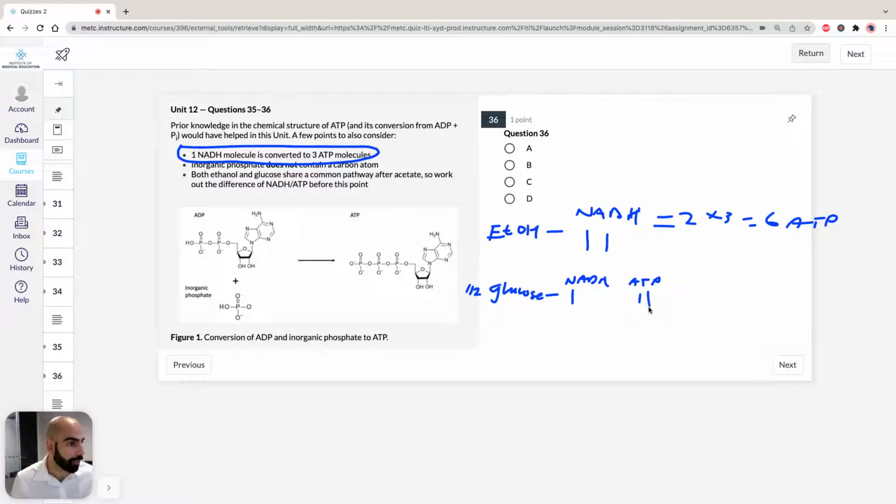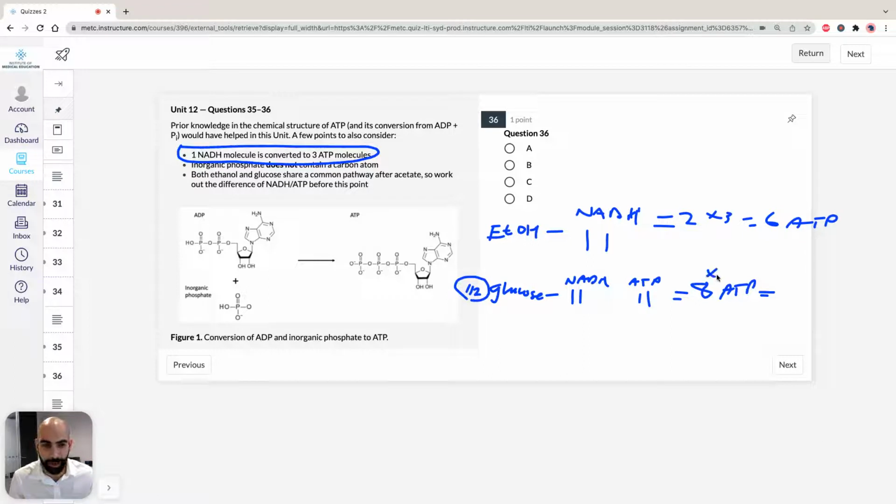And we're going to go from pyruvate to acetate, which is going to give us an NADH. So remember, 3 ATP molecules for 1 NADH. So we've got 3, 6, 7, 8.